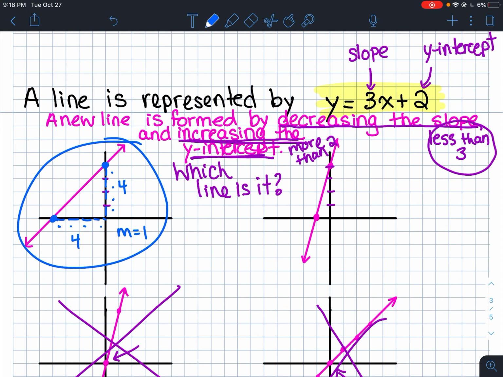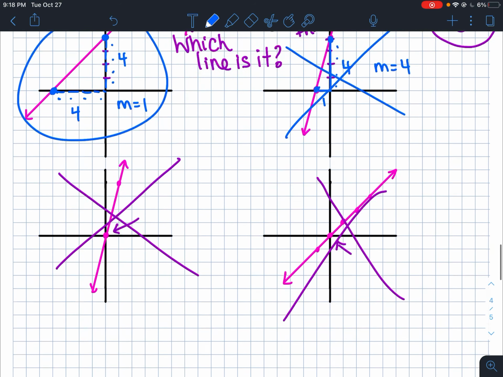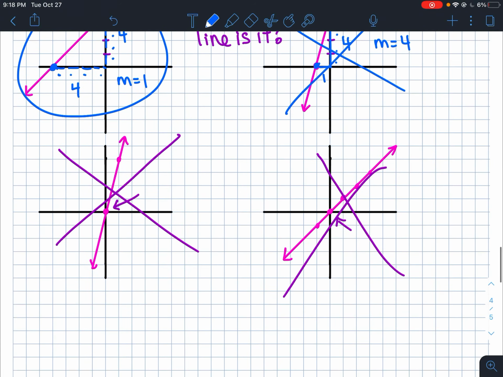So I'm thinking it's this one, but we'll double check. Let's find this slope. Using these 2 points, the rise would be 4 and the run would be 1, so the slope of this line would be 4. That's greater than 3, so it can't be that line. So there you go. I think that's the last question.